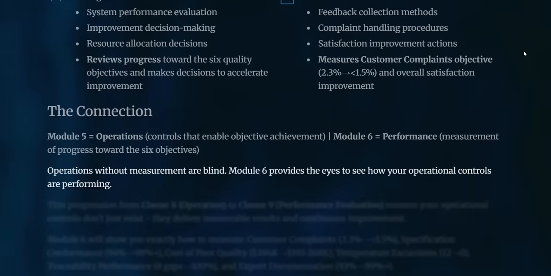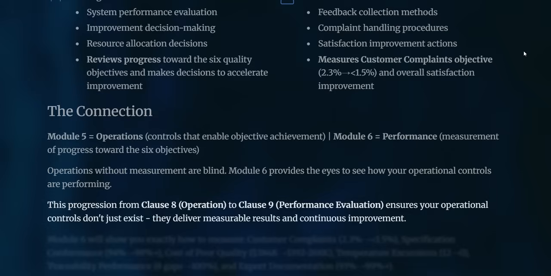Operations without measurement are blind, so that's why we are implementing the next module. Module 6 provides the eyes to see how your organization's controls are performing, right? So this progression from Clause 8 operations today to Clause 9 performance, the next module, ensures your operational controls don't just exist, they deliver measurable results and continuous improvement.